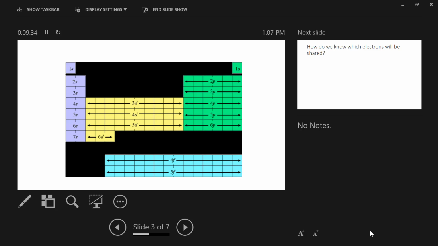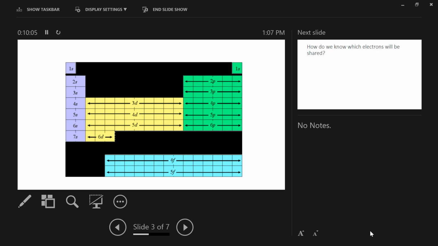Nitrogen has 3 electrons in the 2p subshell, and so for it to get all 6, it's going to have to gain 3 electrons. That makes sense? Then if we look in this column, and we go all the way to the top, that row 2, that's fluorine. Fluorine has 5 electrons in the 2p subshell, so for it to get 6, it only needs 1 more.